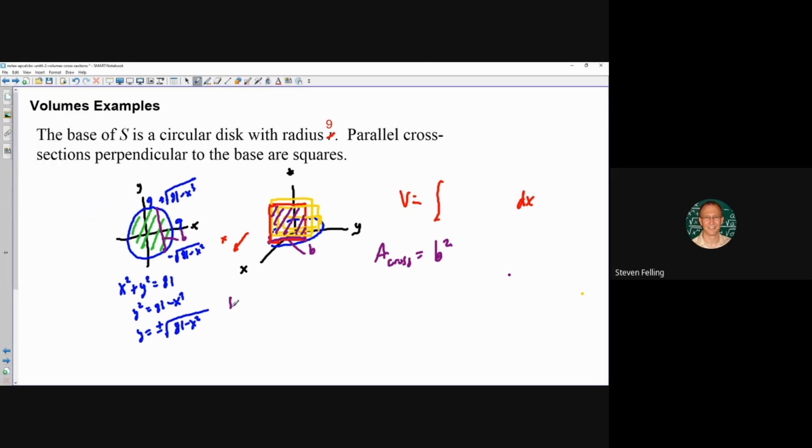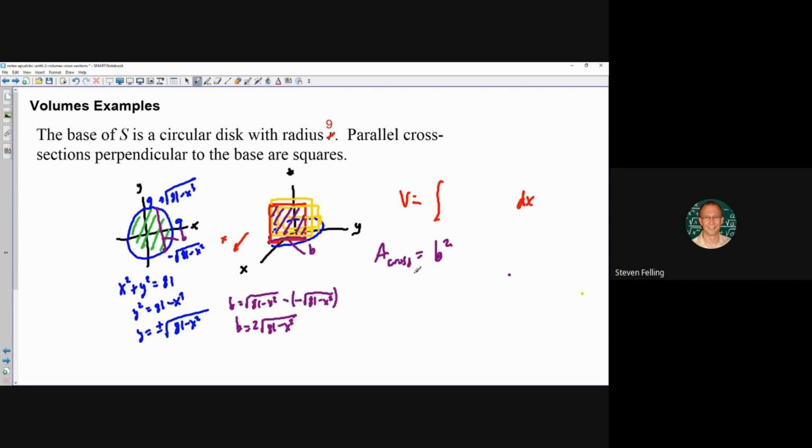So B would be square root of 81 minus x squared minus negative square root of 81 minus x squared, which this is just going to add. So the B would be 2 square roots of 81 minus x squared. And that means I've got my base written in terms of x.